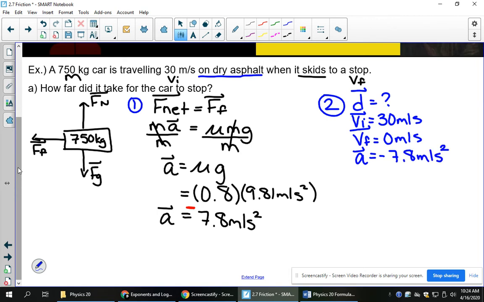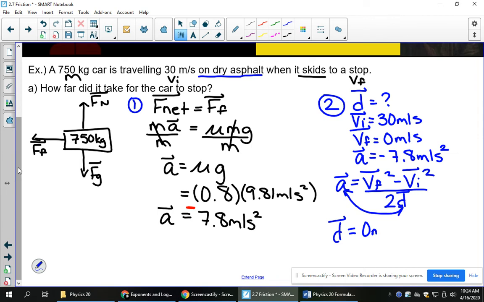So if I look at my formula sheet and I pick a formula there, there's lots to choose from. I'm going to choose this formula, and I'm going to solve for displacement. So I'll simply switch the acceleration and displacement in the formula, and I'll sub my numbers in.